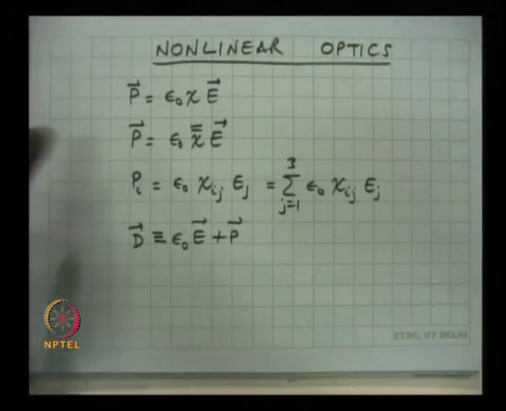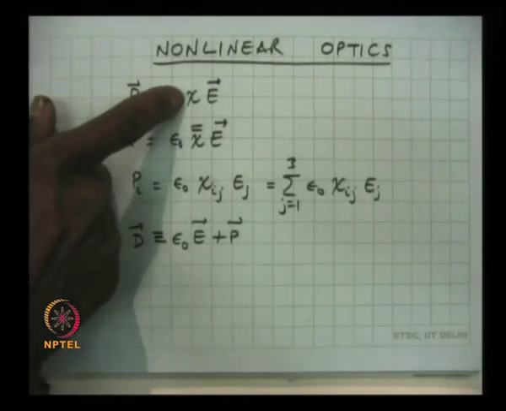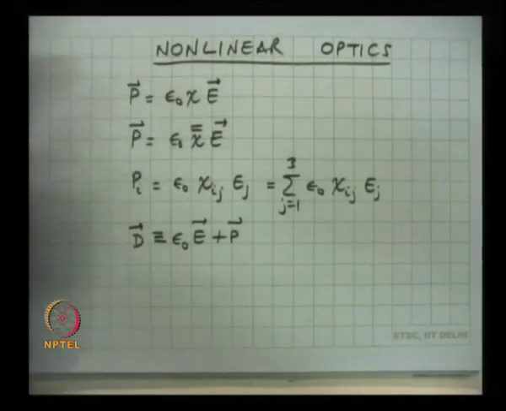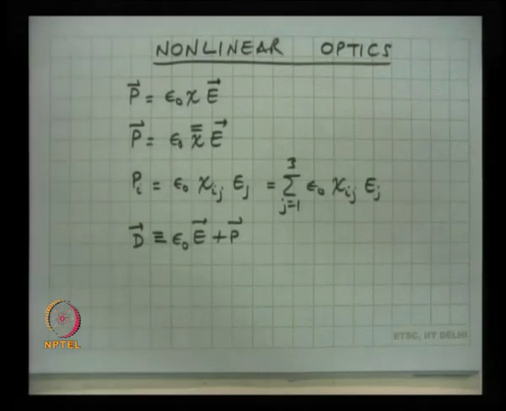Now, if you go back and look at how I derive a microscopic theory or expression for chi, you represent the atomic dipoles as harmonic oscillators and obtain this expression under the approximation that the displacement of the dipole is very small and the oscillation is harmonic.